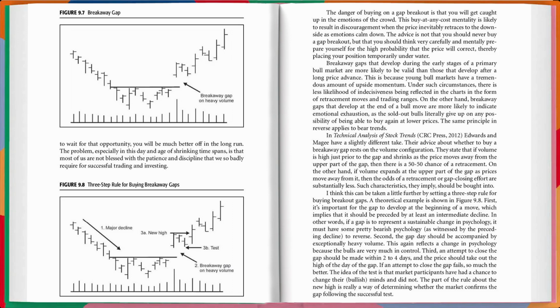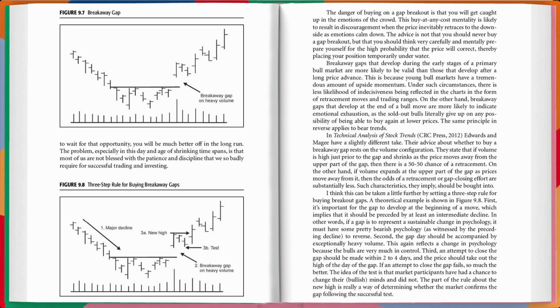Second, the gap day should be accompanied by exceptionally heavy volume. This again reflects a change in psychology because the bulls are very much in control. Third, an attempt to close the gap should be made within 2 to 4 days, and the price should take out the high of the day of the gap. If an attempt to close the gap fails, so much the better.